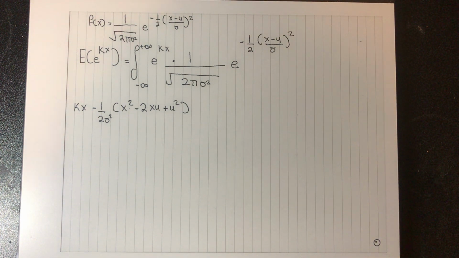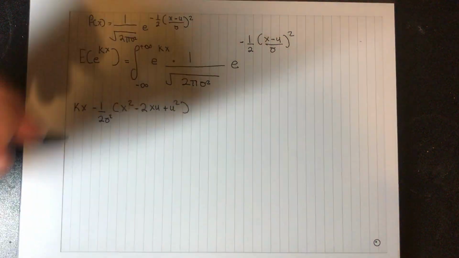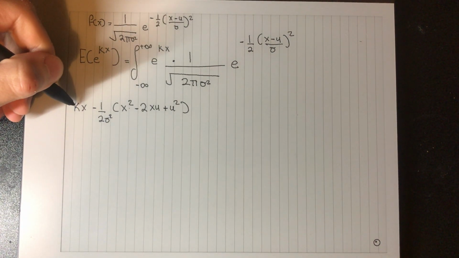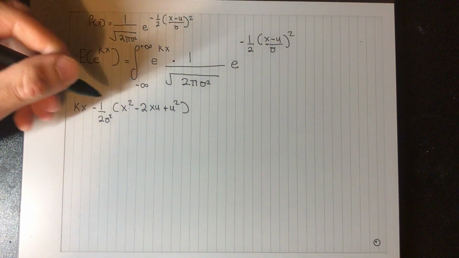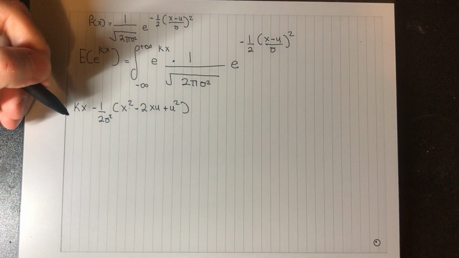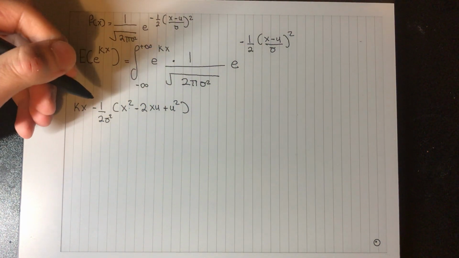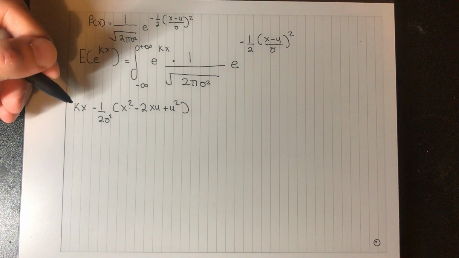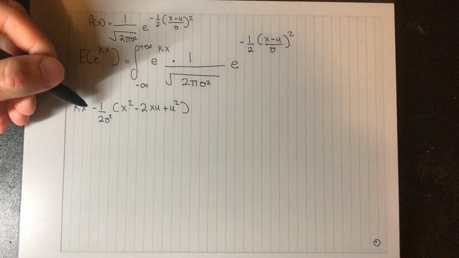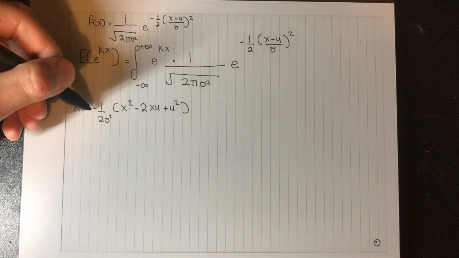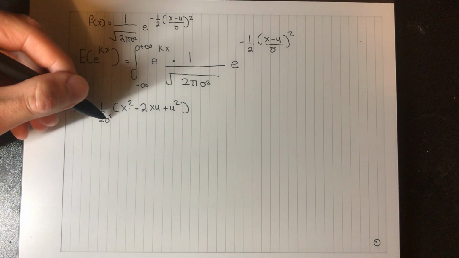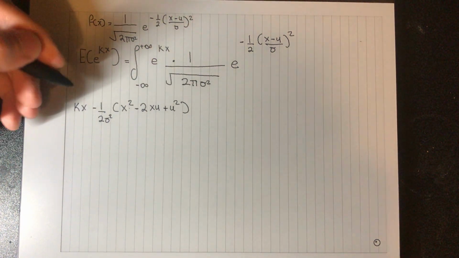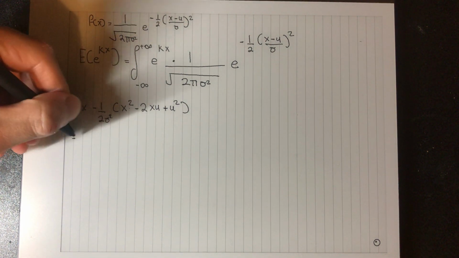So what we will do is first move this component inside the brackets. To move it inside the brackets, I would have to multiply it by negative 2 sigma squared, so that I account for the negative half sigma squared which is outside the bracket. So let's do that.